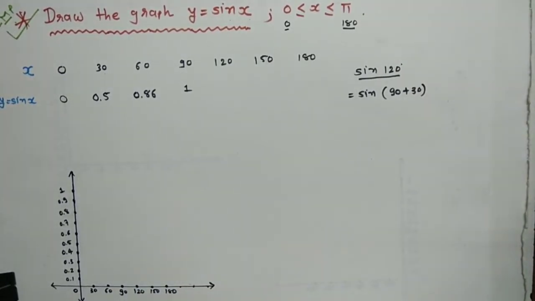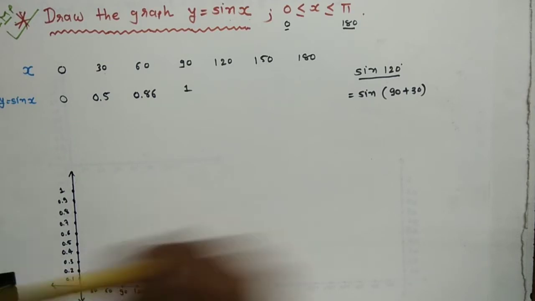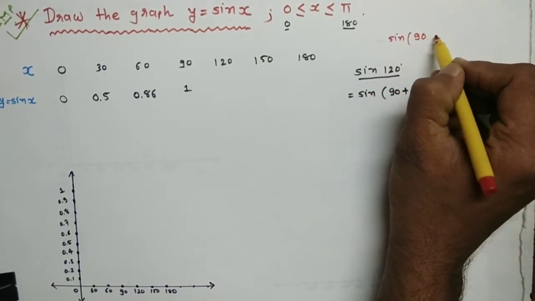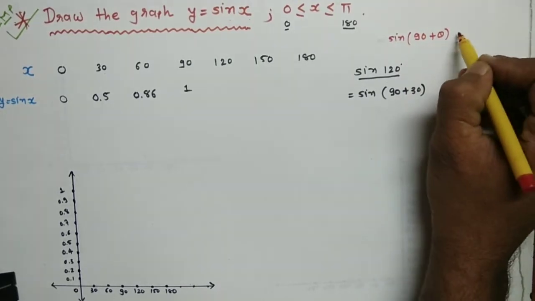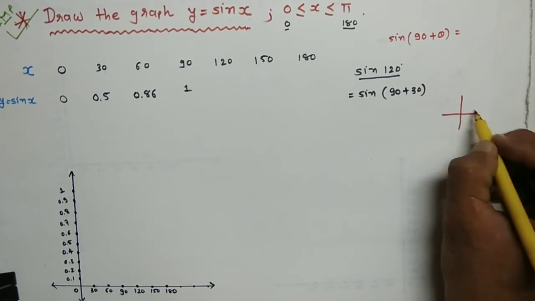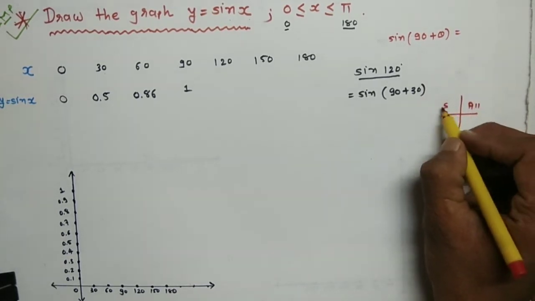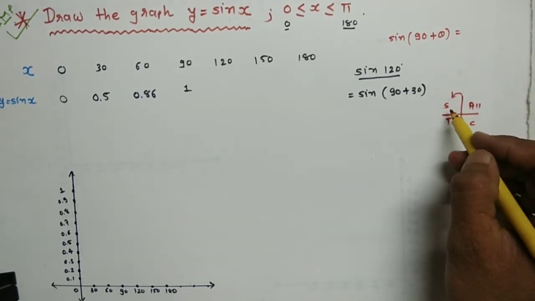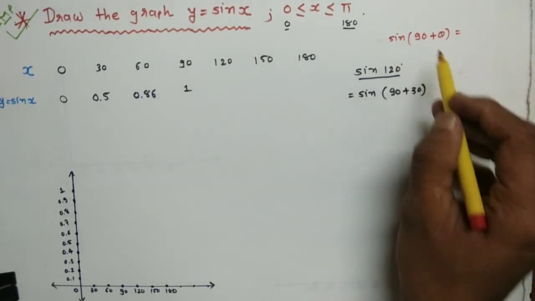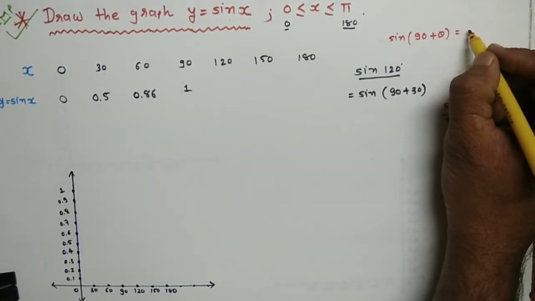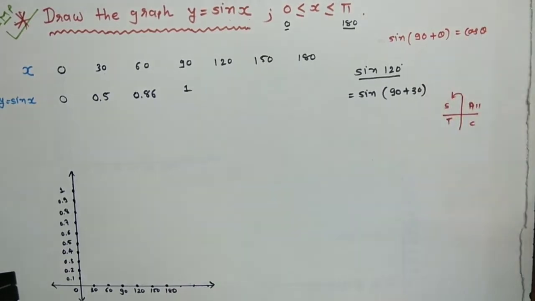Now we already know the formula, sin of 90 plus theta. According to the ASTC rule, 90 plus theta means second quadrant, and in second quadrant sine is positive and sine is converted into cos, so we can write sin 90 plus theta is equal to cos theta.